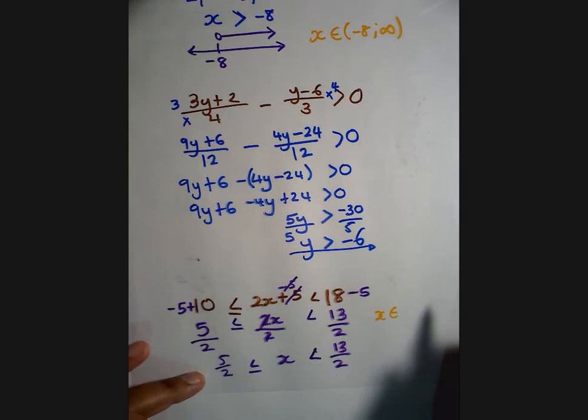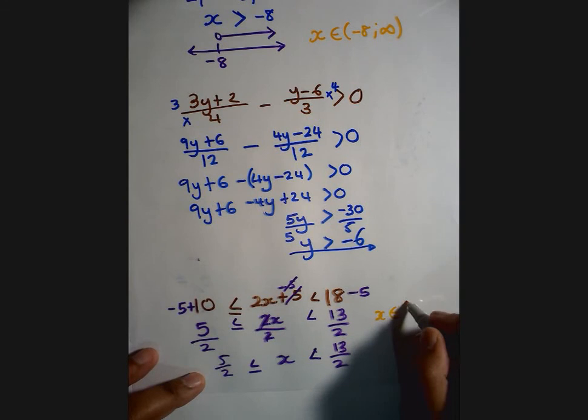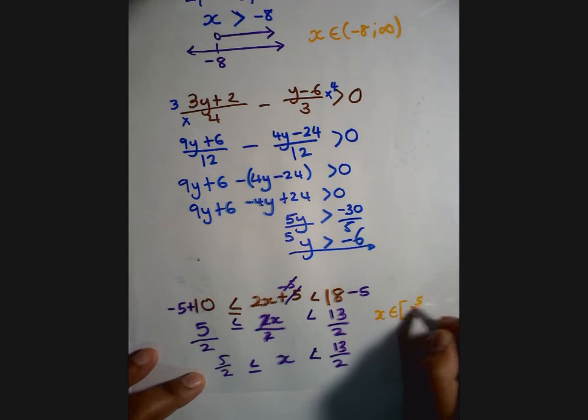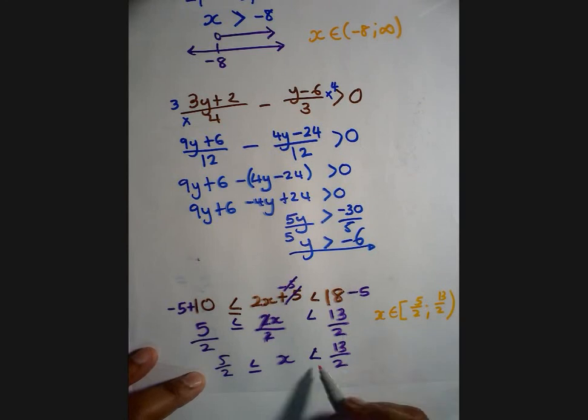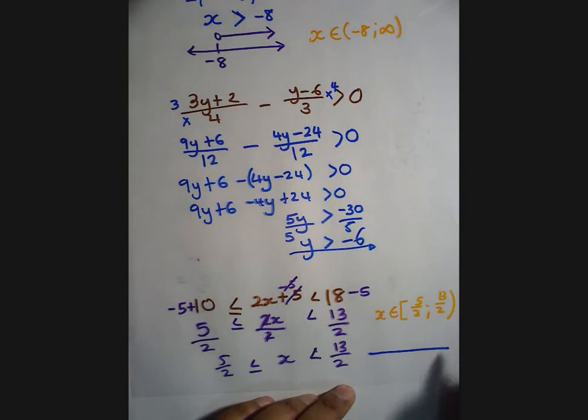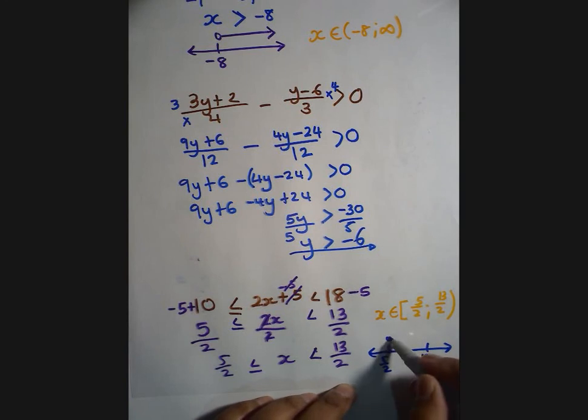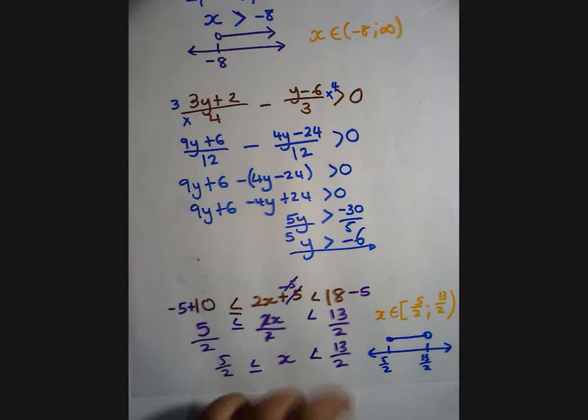So x is an element of square bracket 5 over 2, and I'm going to have 13 over 2 here, but this is open because it's not equal to. Then if I have to do it graphically, it's going to be drawn like that. I'm going to have 5 over 2, I'm going to have 13 over 2, I'm going to have a colored in one here, an open one there, and that's my answer.